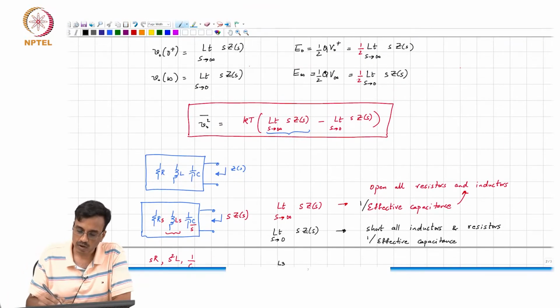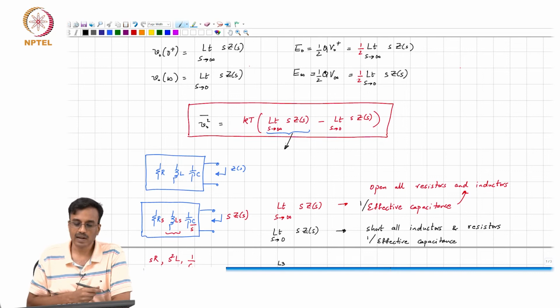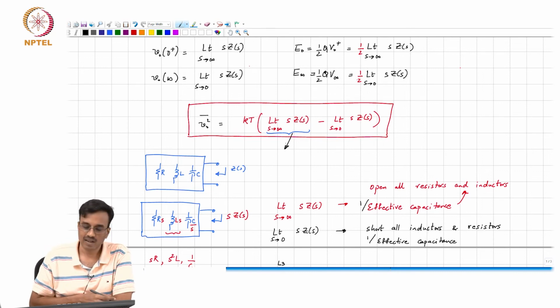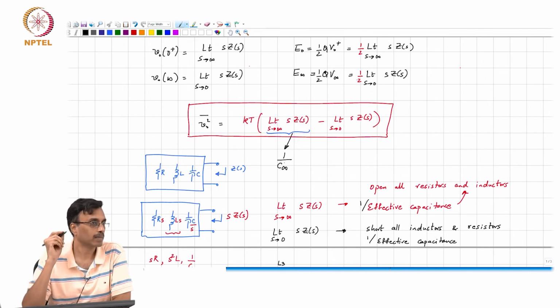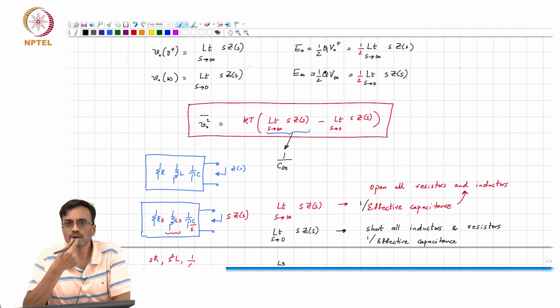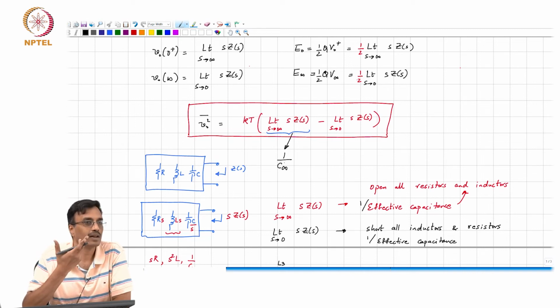So, this term is often written as 1 over C infinity, where that 1 over C infinity is denoting, I mean this is now just a symbol, that is all. 1 over C infinity is simply, what is C infinity?